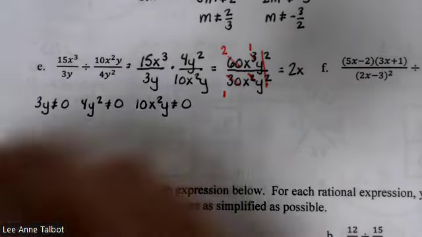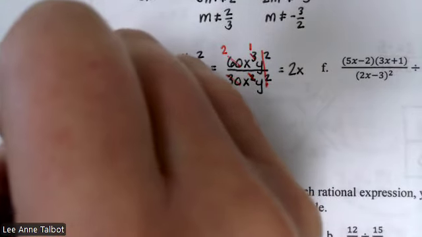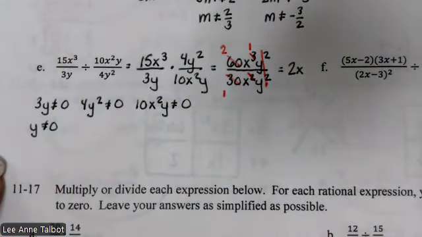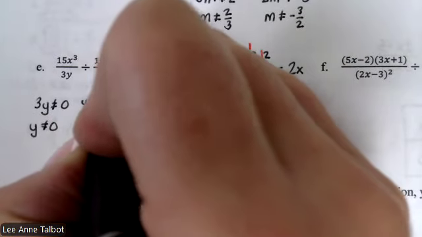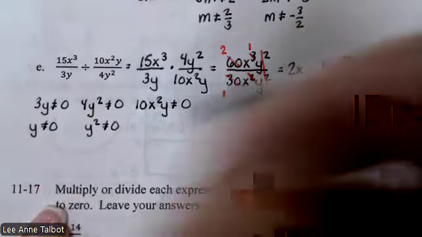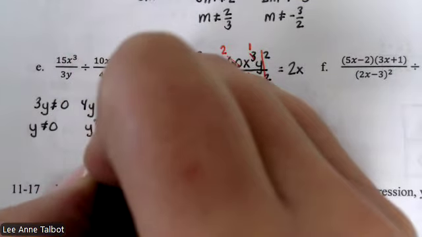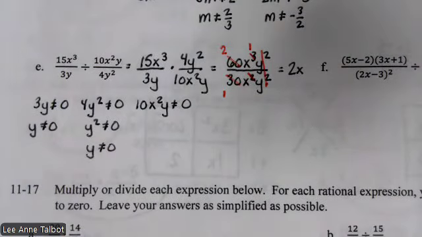Divide by 3 on both sides. Y cannot equal 0. Divide by 4 on both sides. Square root both sides. Okay, are you guys okay on the first two?